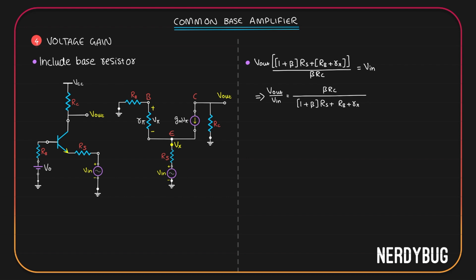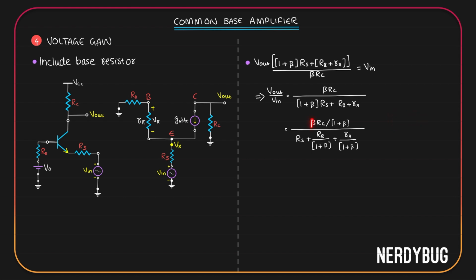Let's divide the numerator and the denominator with 1 plus beta. Then on the numerator, we have beta Rc by 1 plus beta. On the denominator, we have Rs plus Rb by 1 plus beta plus R pi by 1 plus beta. Let's make some approximations. We know beta is a large value, so beta is approximately equal to beta plus 1.